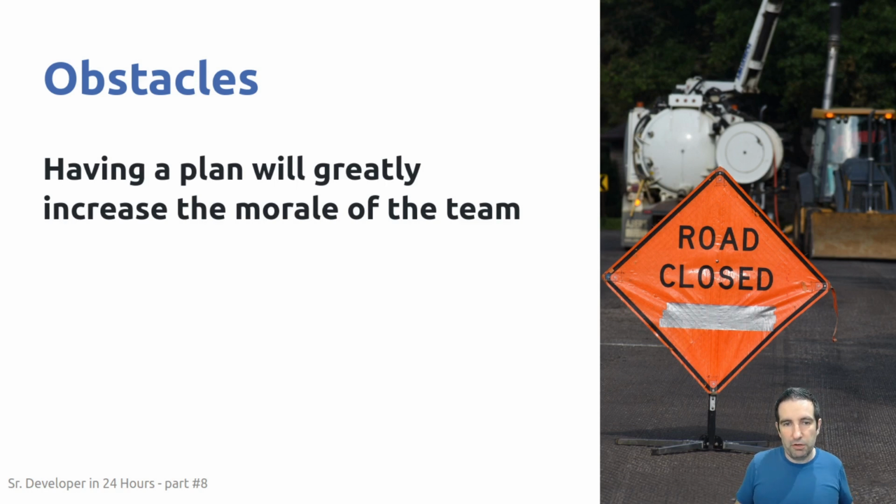So it is our job as senior developers to give them that confidence, to give them that plan, that set of action items, and say, hey, this is how we're going to achieve our goal. This is how we're going to overcome the obstacles that we have identified so far, and we're going to follow basically the same approach as new obstacles show up in our way.